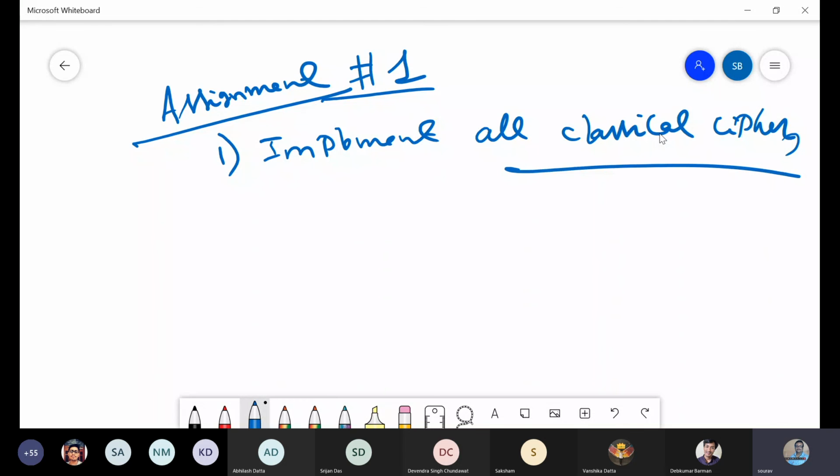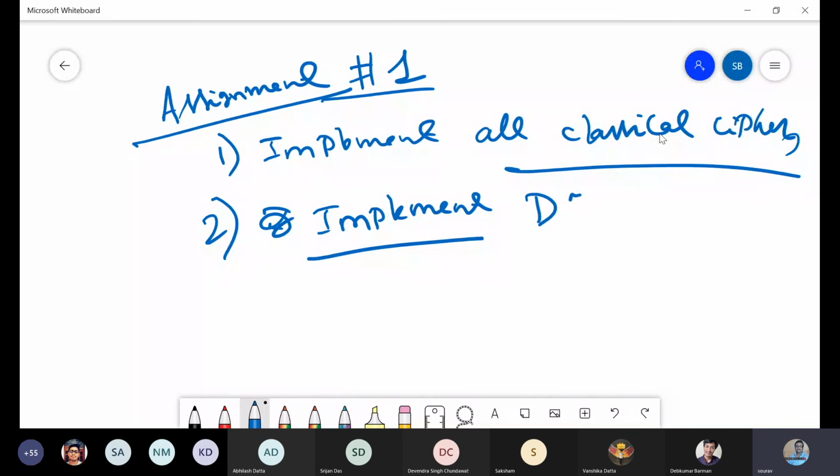That means substitution cipher, Caesar cipher, permutation cipher, Playfair cipher, and so on. Implement means in C language. You need to show me the code. The other is to implement DES. You can do both encryption and decryption. For decryption you need to work a little harder, but anyway, we are not inverting the small f. You can submit these 2 assignments next week.